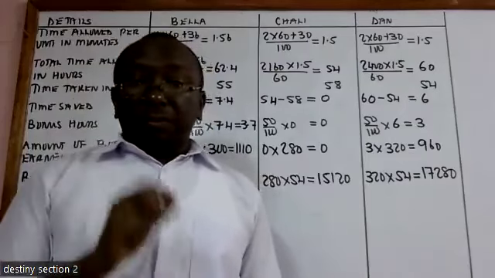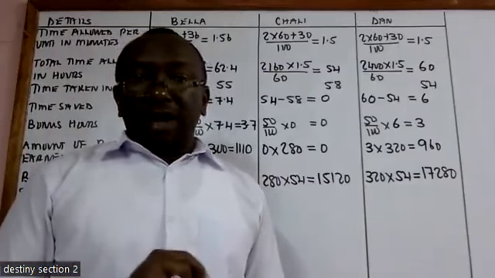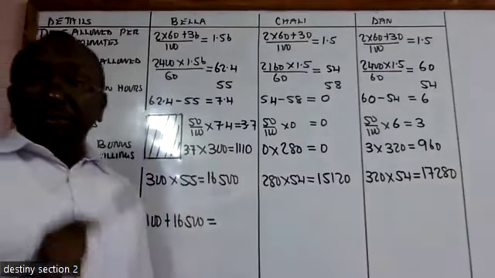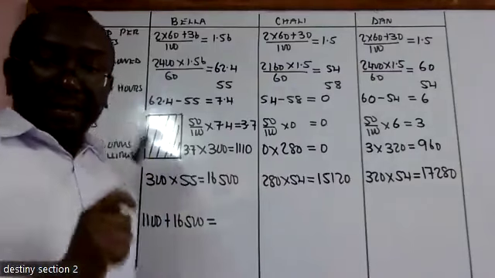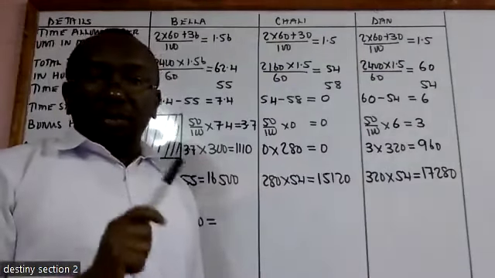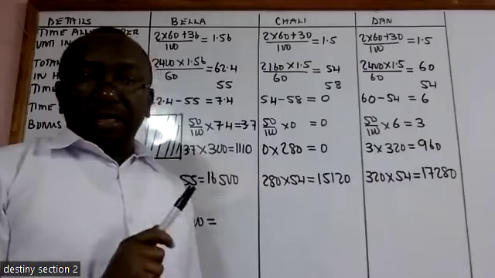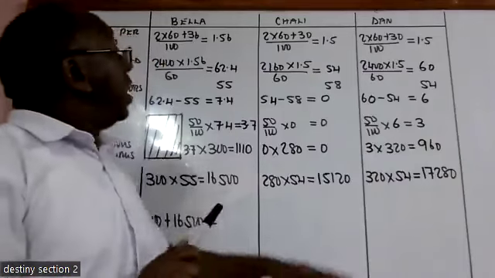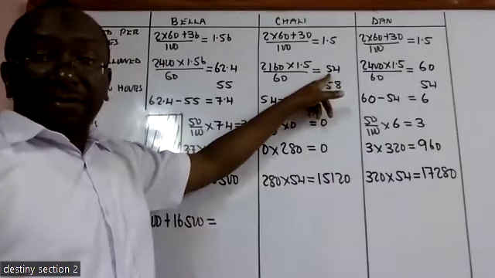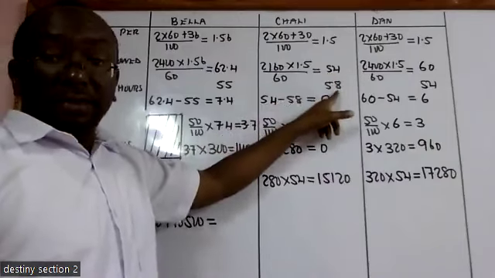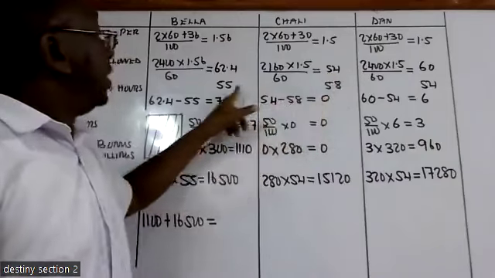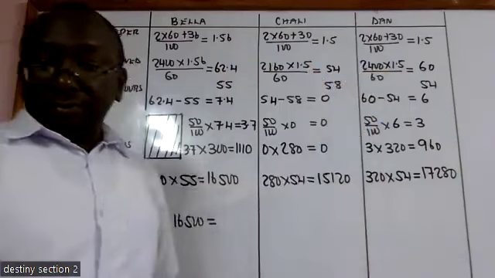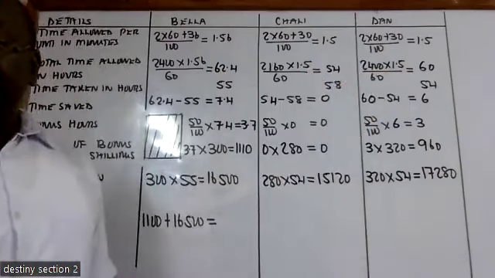Ordinarily, you are supposed to be paid for all the hours that you have taken, the time taken. But now these guys are saying, if your time taken is more than what you had been allowed to take, you will only be paid the time allowed. Looking at Charlie alikuwa amekubaliwa maximum ya 54. But yeye alichukua 58. So hatutamlipa hii 58 kama venye tunalipa wengine. Yeye atalipwa 54 because asha hit the maximum. Is that okay, Vera?